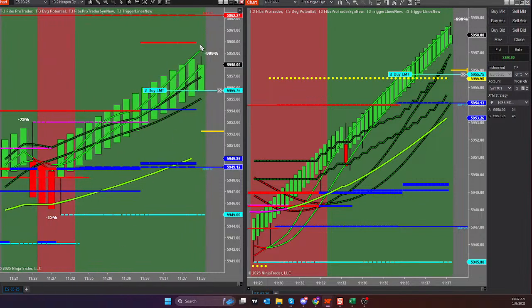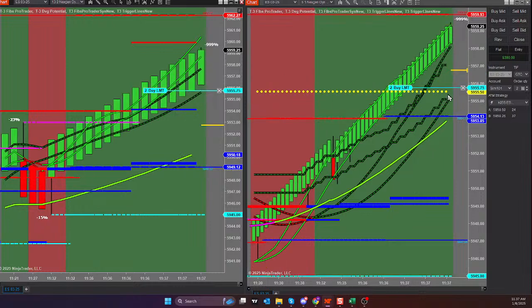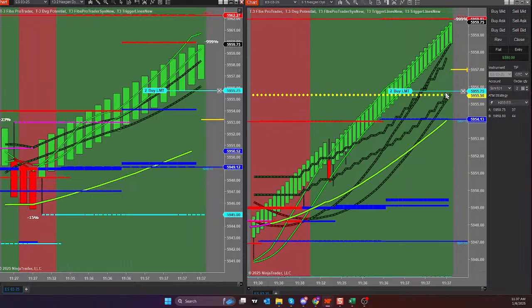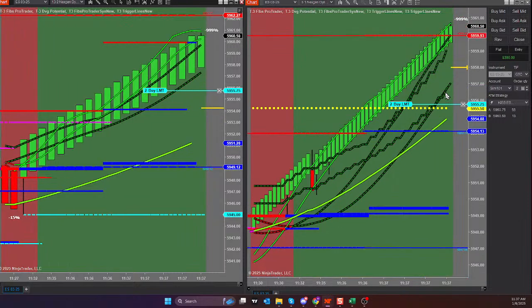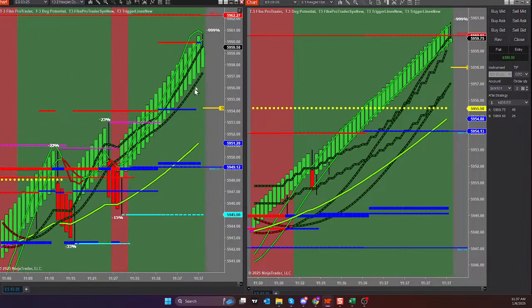I haven't reached the next area. I've cleared the previous area, and all I need is them to pull back right to an area inside of favorable large triggers. And again, they don't tell you that the rules are met, but your rules revolve around using these as potential bounce points. You'll tell you that your rules are met.